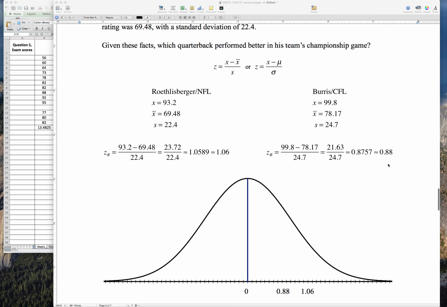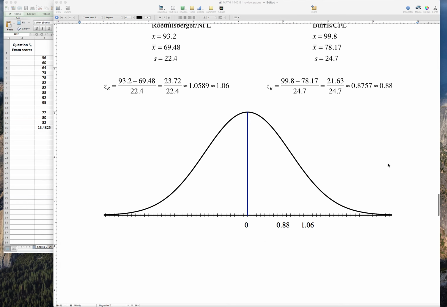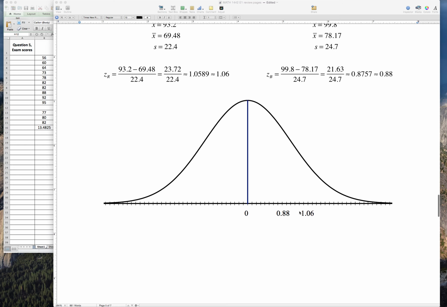And here's a graphic reminder of what these scores mean. We're standardizing these scores to the same scale. If this normal distribution represented the NFL's statistics, then this mean would not be 0. It would be 69.48.